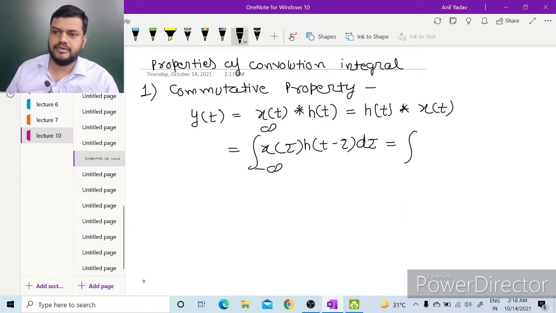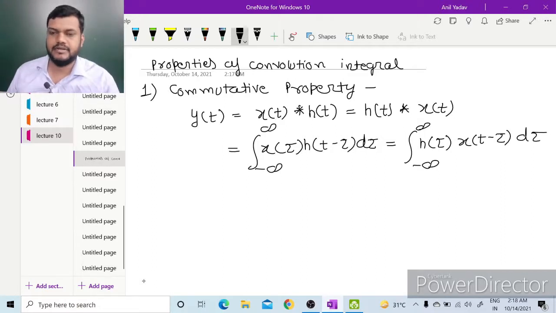This will be same as integral of h(tau) x(t minus tau) d tau. Okay, this is commutative property.